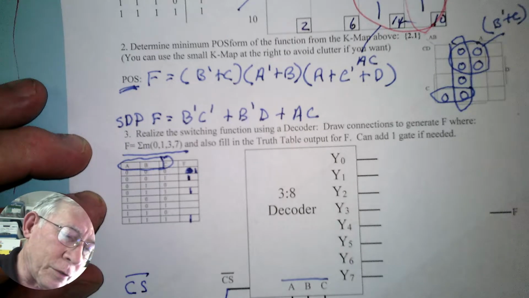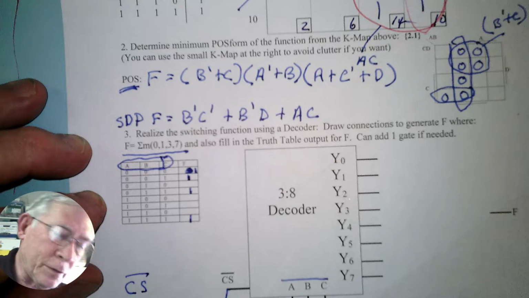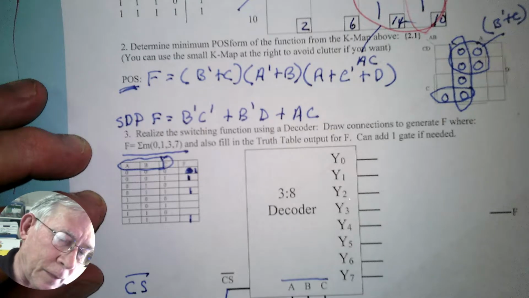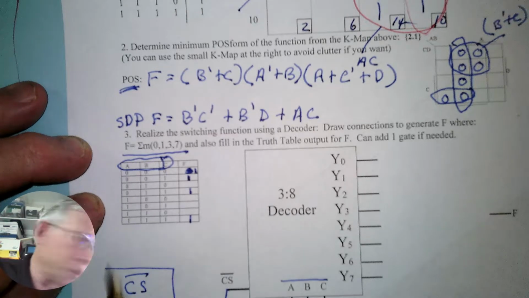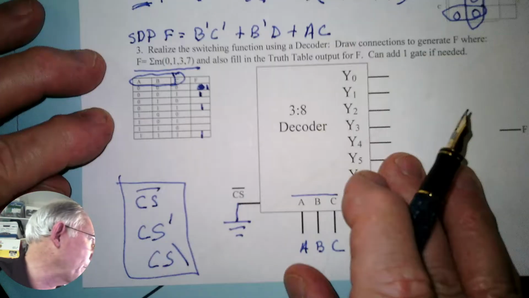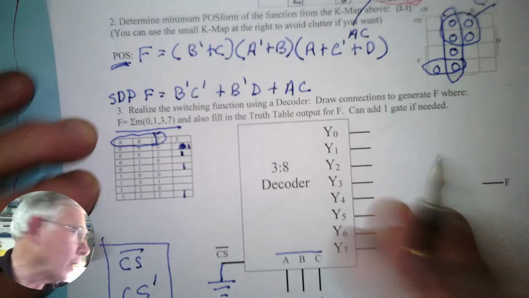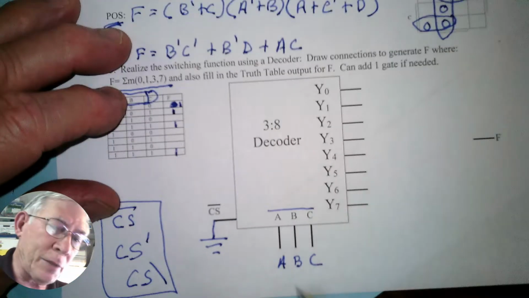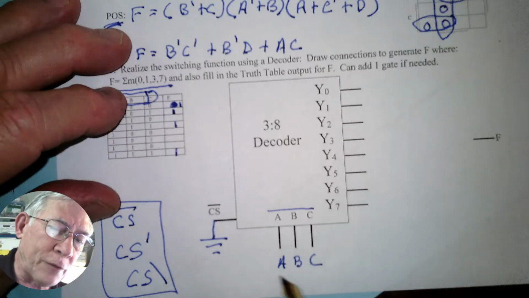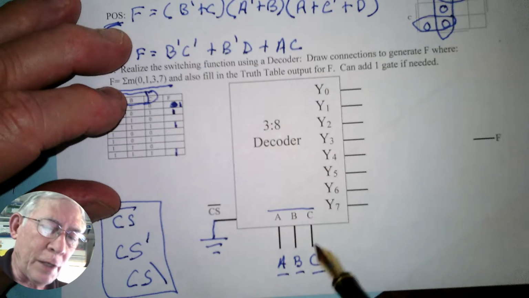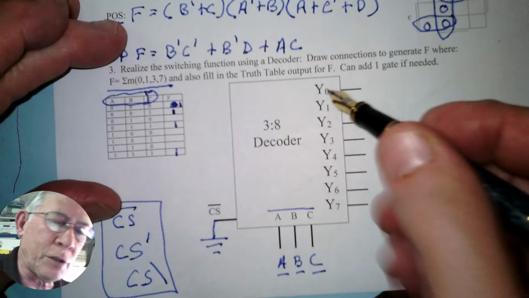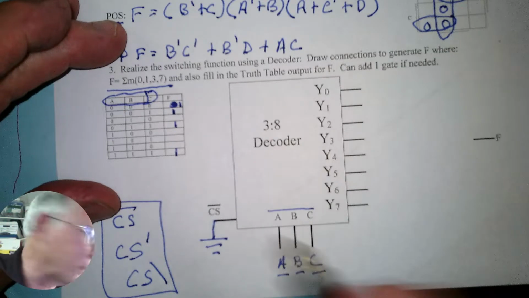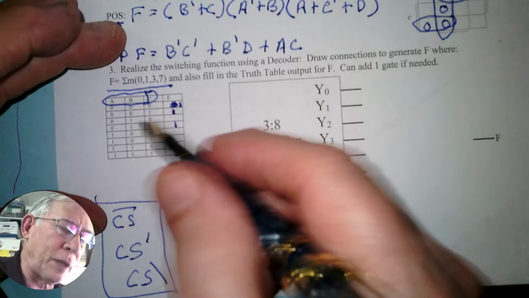People also use the apostrophe, and sometimes people use a slant like that. They do various things to indicate the not function. But that's okay. So here my ABC connected to my ABC. Remember, these have to be hierarchically correct. If you didn't hook them up in the right order, these wouldn't be ordered 0, 1 through 7. They'd be some mixed up order compared to the truth table anyway.